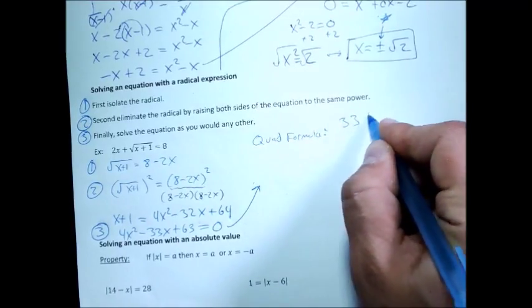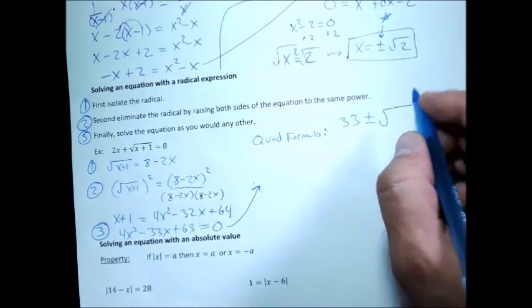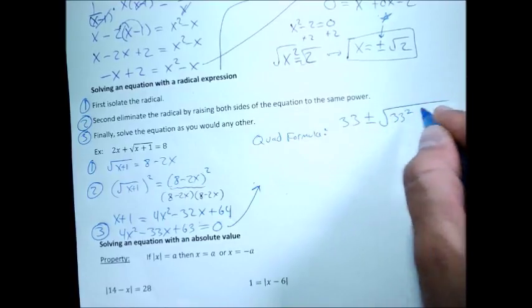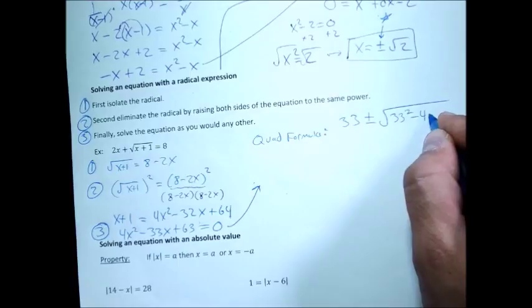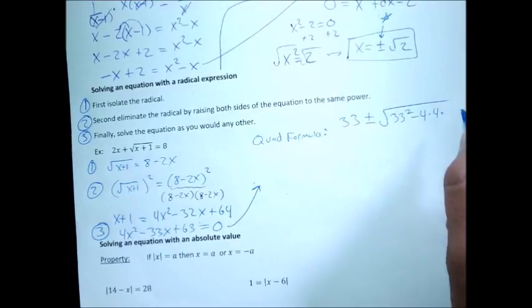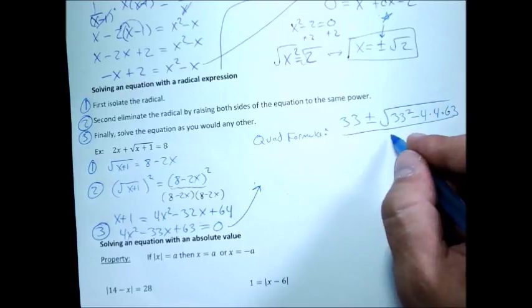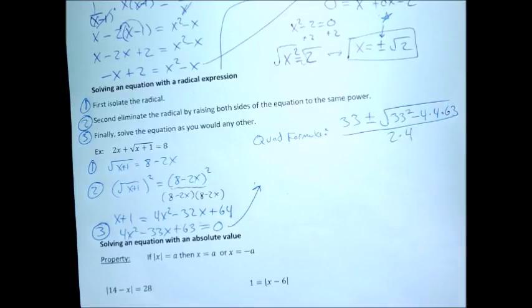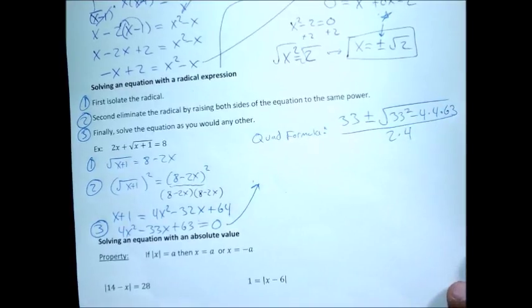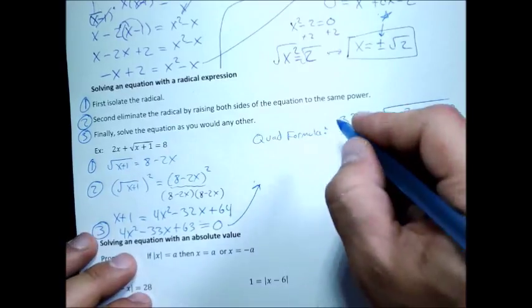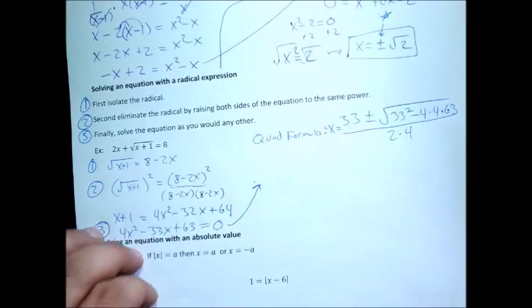Negative b plus or minus the square root of b squared minus 4 times a times c all over 2 times a. And so these are values that x equals. x equals those things.